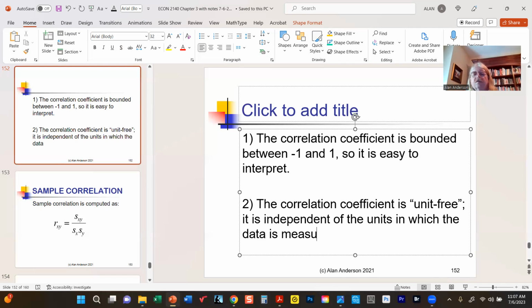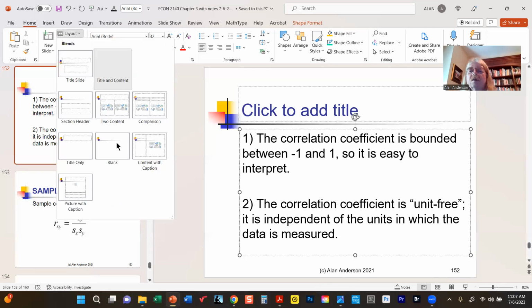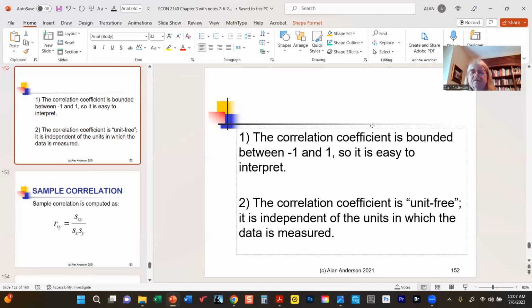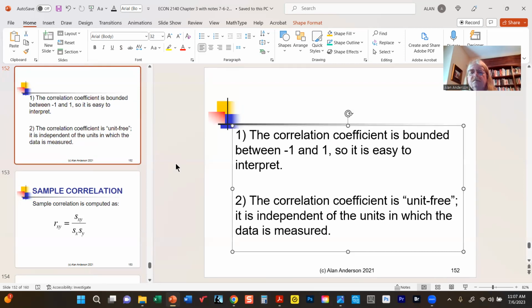In other words, in that study I was telling you about before with dollars and pounds, it doesn't make the slightest bit of difference if we use dollars or pounds. It will still be the same correlation either way. And you can see this is one reason why the correlation is really the preferred measure. So that's why you normally see it being done.